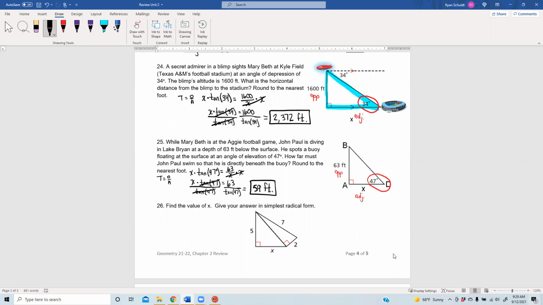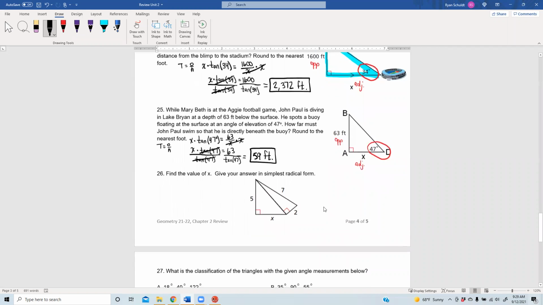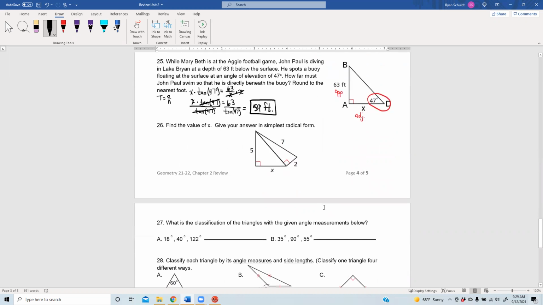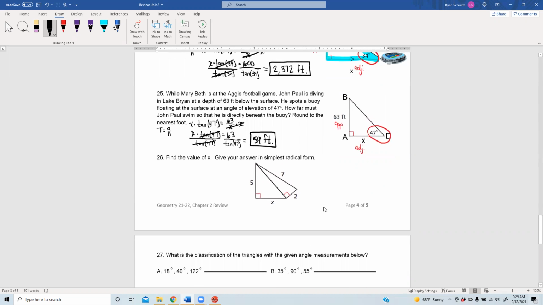Okay. 26, moving on along. Find the value of x. Give your answer in simplest radical form. Okay, so let's see. Here's our x right here. I can't just jump in and find it because this triangle that it's on only has one side. So first I have to find what this side is.